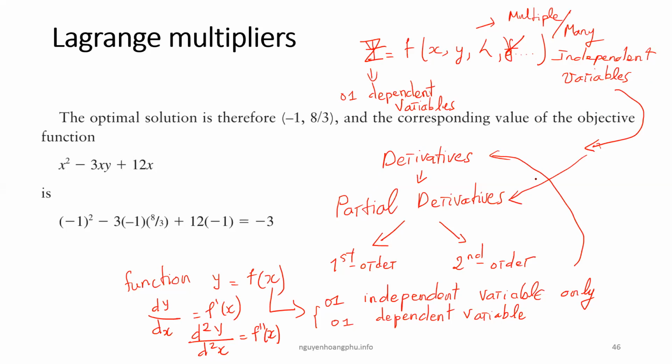So that is why we have partial derivatives, right? All right, partial derivatives. This means we take the partial derivative with respect to one variable, and fix the other variables, or let them equal to constants. Fix the other variables.